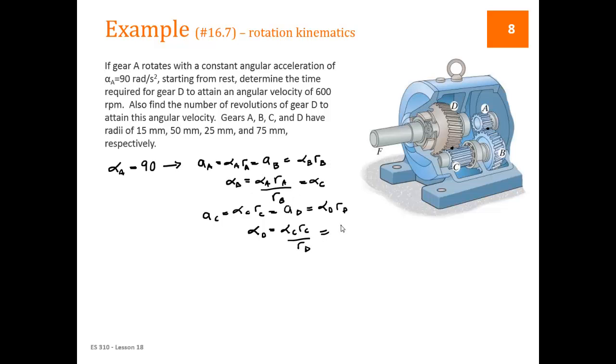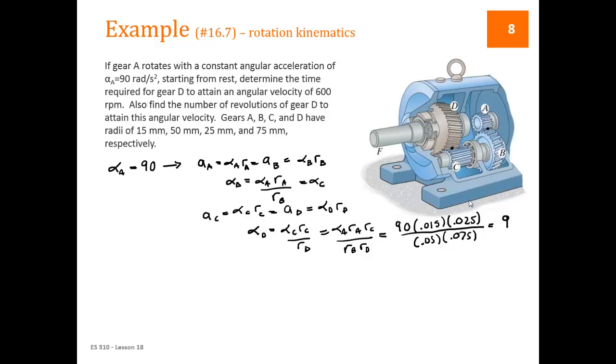So this is going to equal alpha A RA RC over RB RD. And all of those are known, so we can plug in all those numbers. We get 90 times RA is 15, so 0.015, times RC is 25, 0.025, divided by RB, 0.05, times RD, 0.075. We plug all those numbers in, and we get that alpha D is equal to 9.